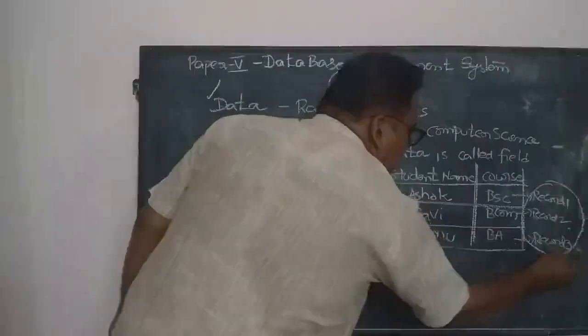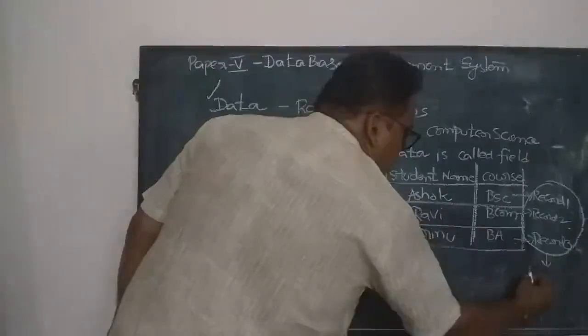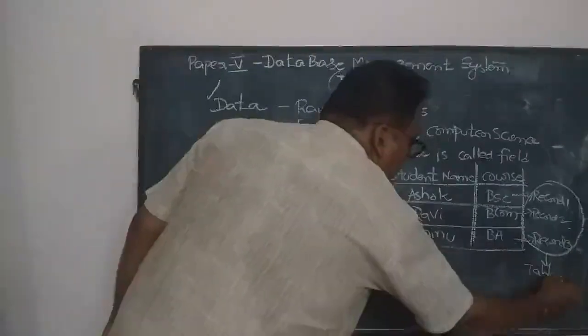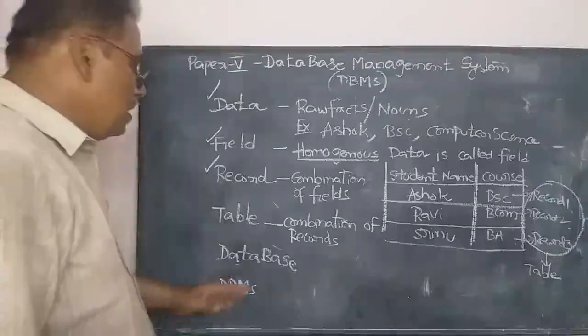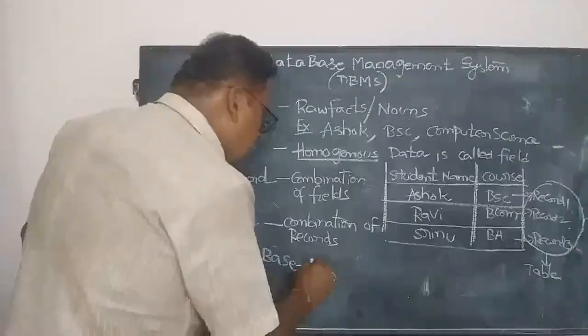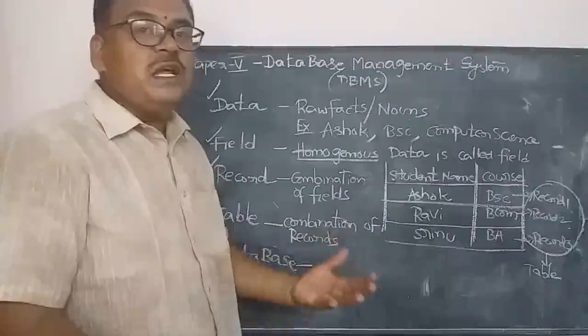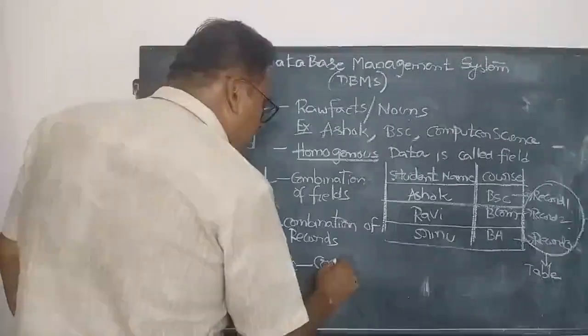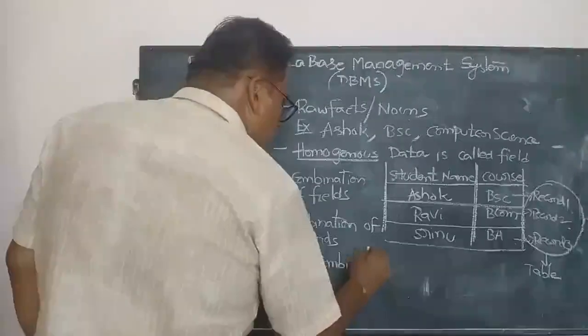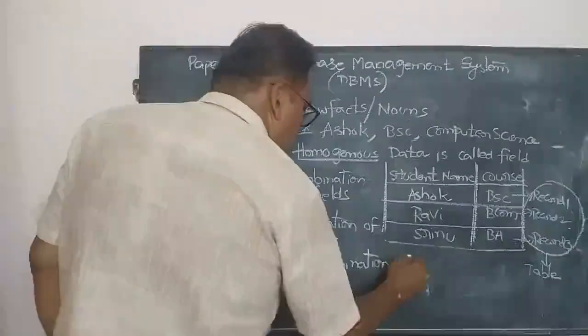Just combine these three records. It is called a table. And what about database? Combination of two or more tables is called a database.